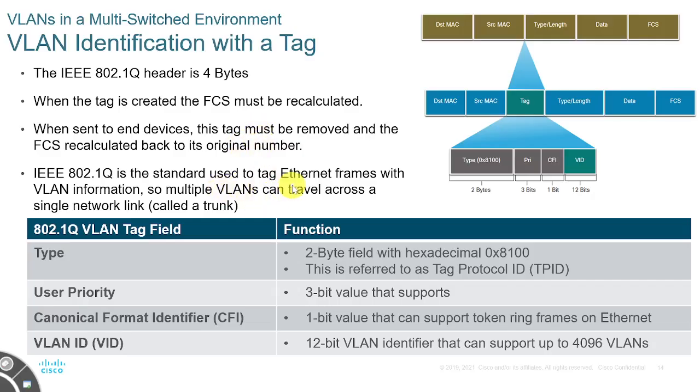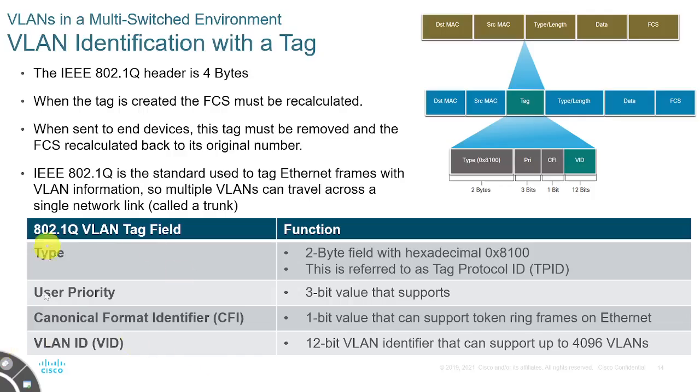Because a trunk link carries information for different VLANs, we have to add information inside this tag to differentiate. This tag is for VLAN 10, tag 2 is for VLAN 20, tag 3 is for VLAN 30. So multiple VLANs can travel across a single network link called a trunk.